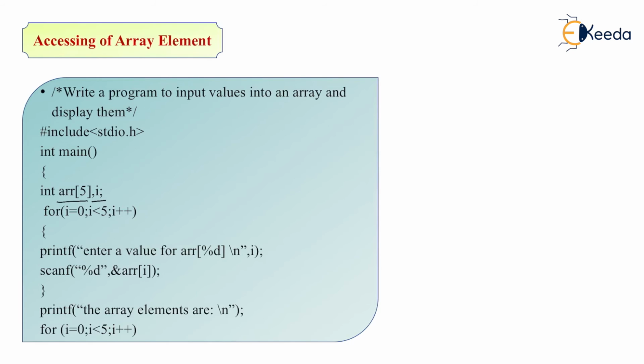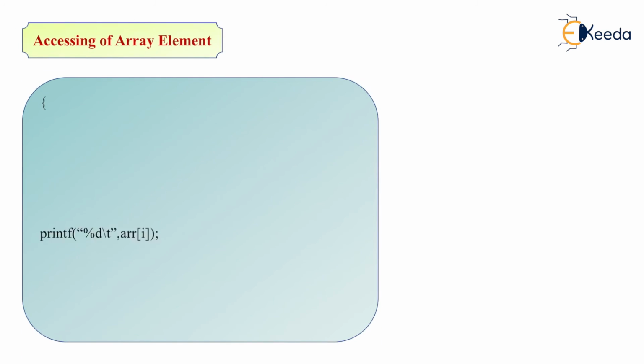Then using a for loop, i equal to 0, i less than 5, i++, we are accepting the values of the array with printf and scanf. After that, we are displaying the array: printf the array elements, for i equal to 0, i less than 5, i++, printf %d, comma, array[i].